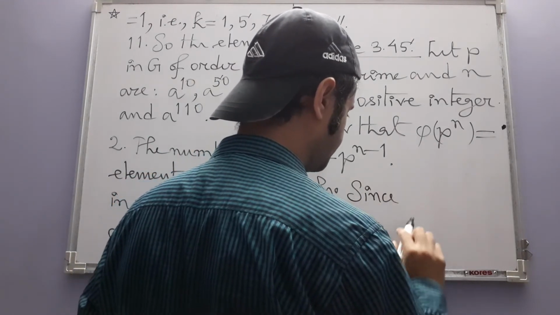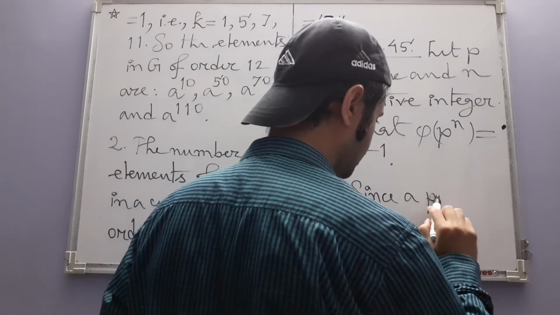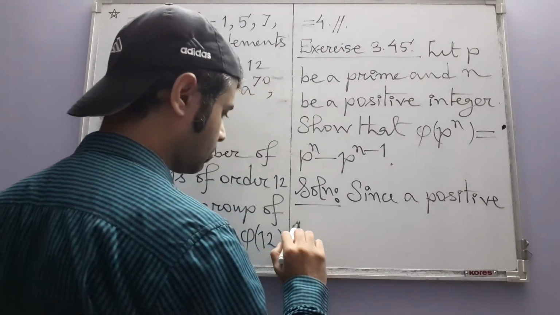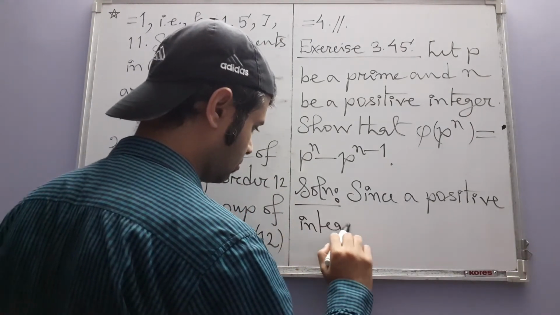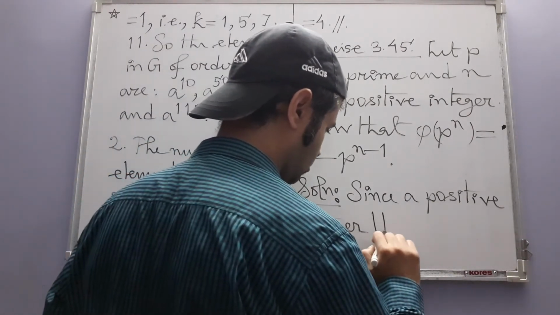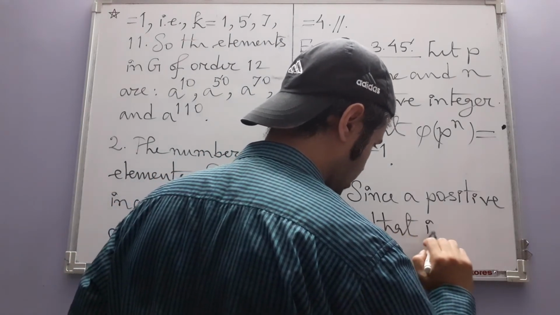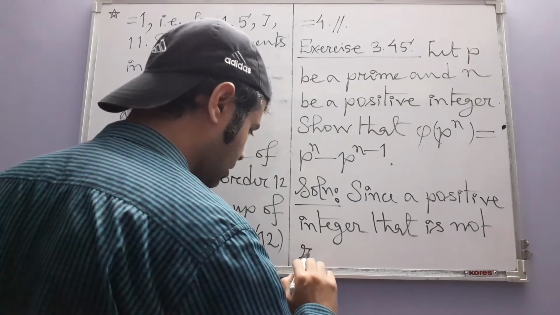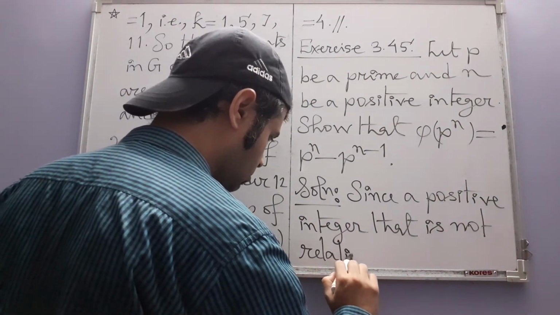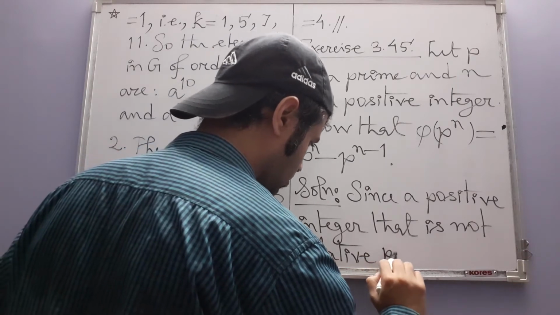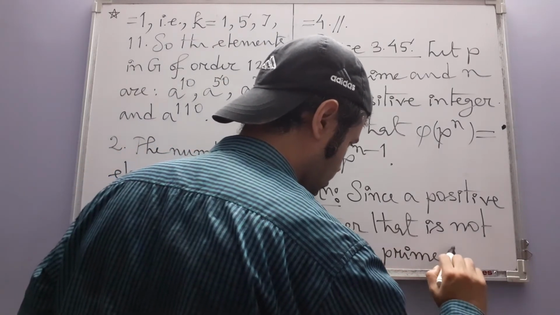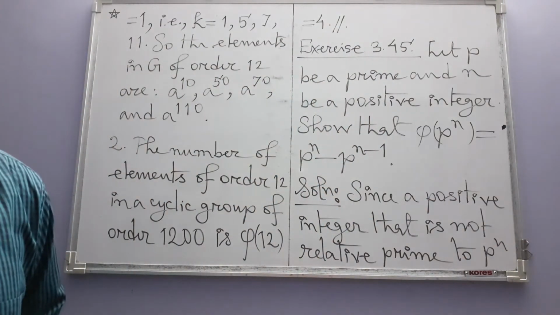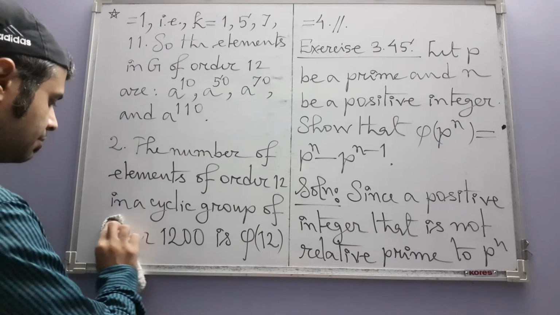Since a positive integer that is not relatively prime to p to the power n must be a multiple of p.